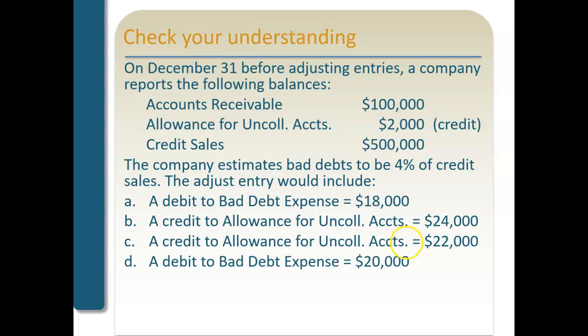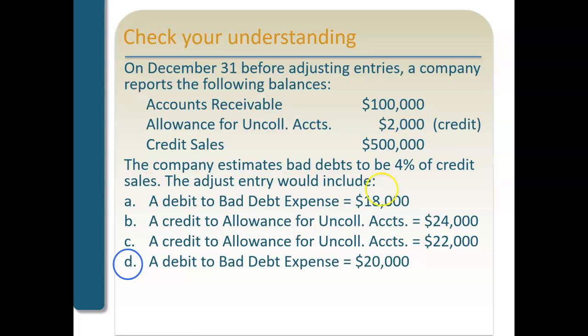Check your understanding. On December 31st, before adjusting entries, a company reports the following balances. The company estimates bad debts to be 4% of credit sales. The adjusting entry would be what? If it's credit sales, it's going to be D. Okay? Credit sales, we don't care about our ending balance.